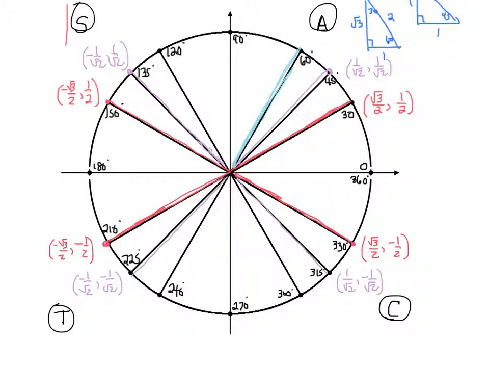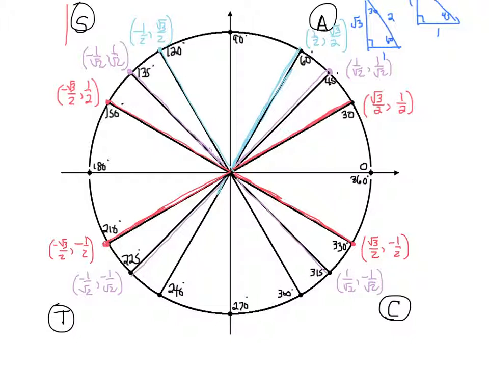So the cosine of 60 degrees is 1 over 2. That will be our x-coordinate at that point. And sine 60 is root 3 over 2. So that will be our y-coordinate. Now we can fill in the points along the unit circle for all of the related angles. So at 120 degrees, I'll have the point negative 1 over 2, root 3 over 2.